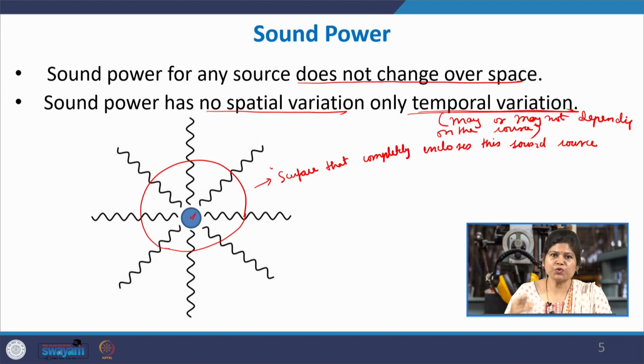The more speedy they are, in general they radiate more energy. So, their emitting of the energy may change over time, or suppose we have a fixed machinery, we are doing nothing with it, just running it continuously, then the energy will stay the same. Depending on how the source is running, the energy may or may not change over time, but this energy should not change over location in the fluid medium.